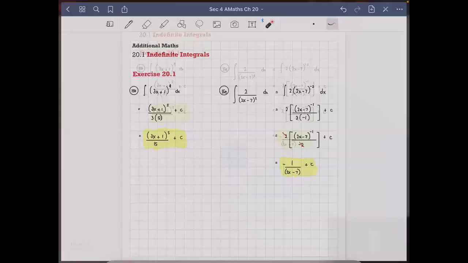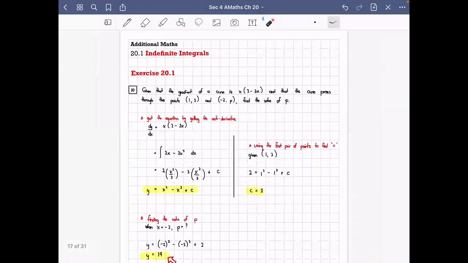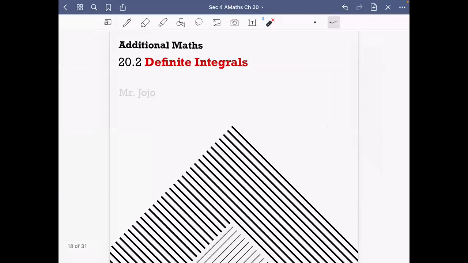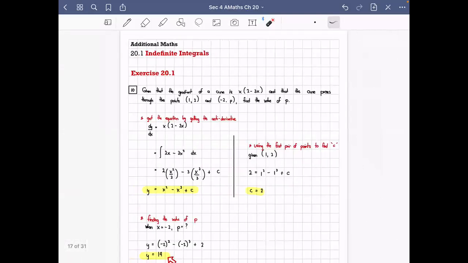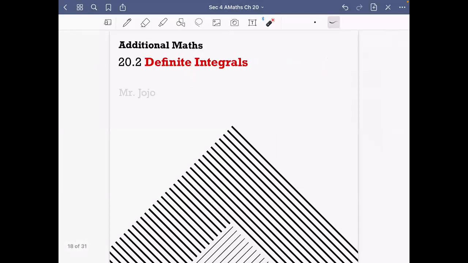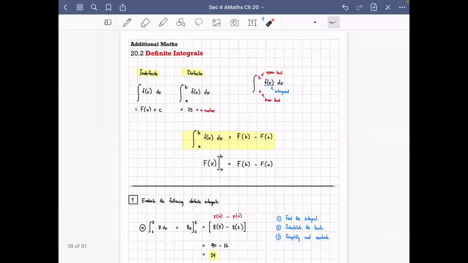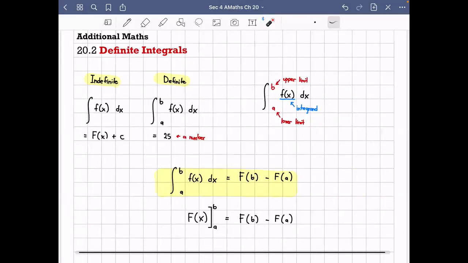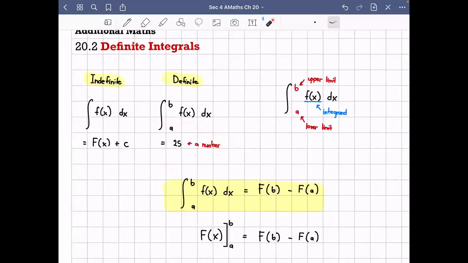Now let's move to 20.2. In chapter 20.1, we had indefinite integrals, so our answers are all expressions, like x squared plus 1. Now, for definite integrals, the difference is that our answer now is a number.